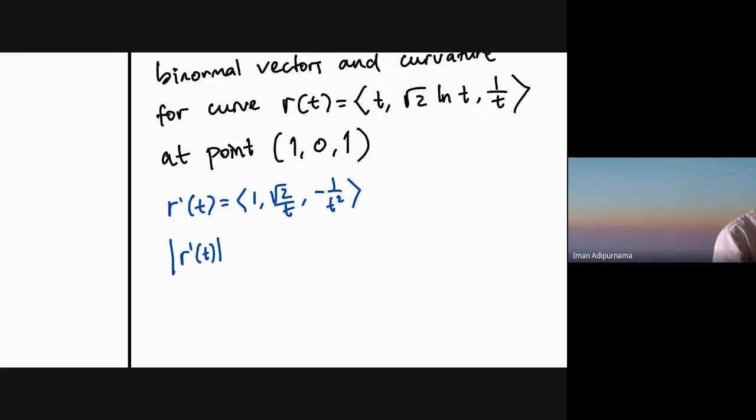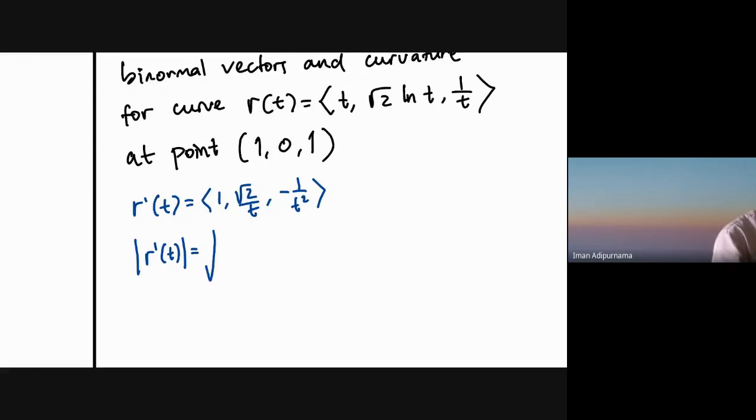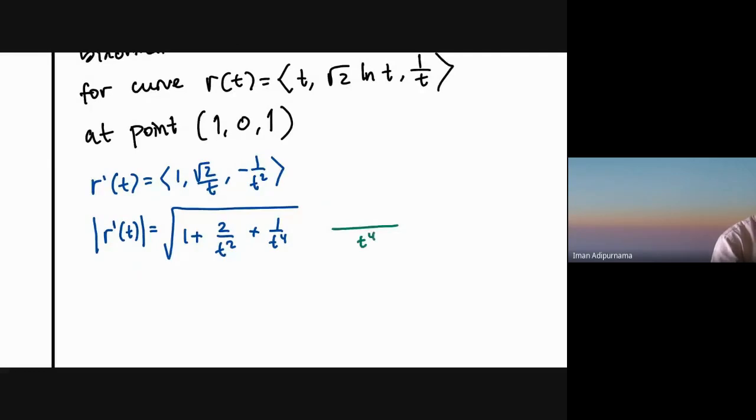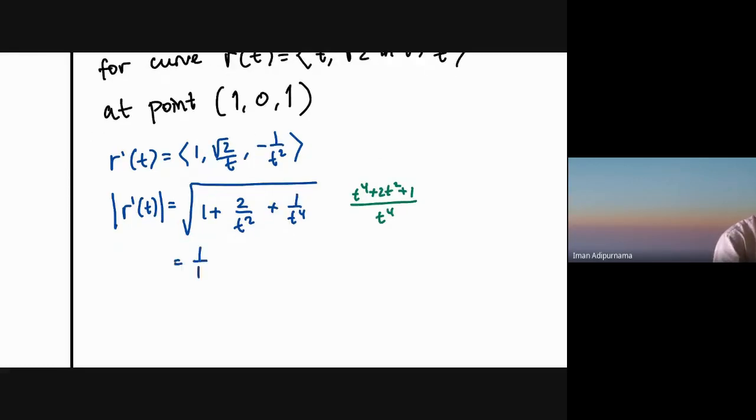And then the value for the magnitude is the square root of 1 plus 2 over t squared plus 1 over t to the 4. So we get 1 over t squared times t to the 4 plus 2t squared plus 1.